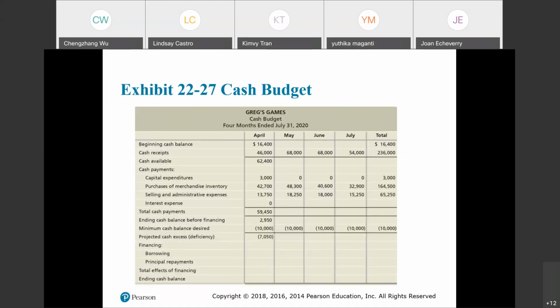So let's take a look at the cash budget for April. We start from the beginning cash balance, plus cash receipts. Well, this number, 46,000, can be found from the cash receipts budget. We get total cash available.